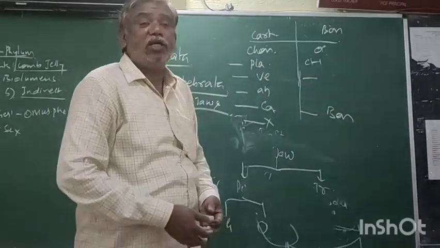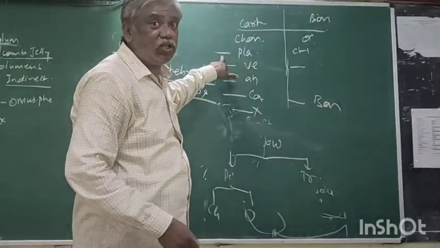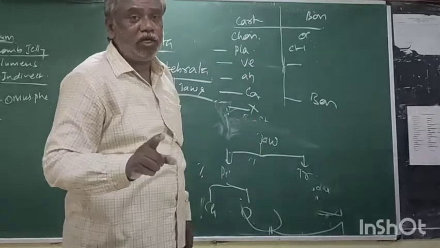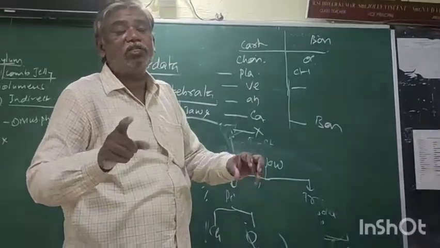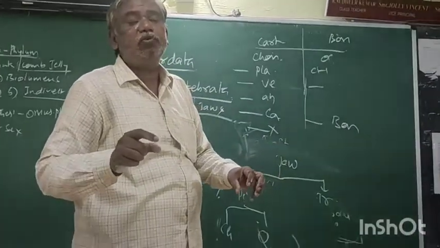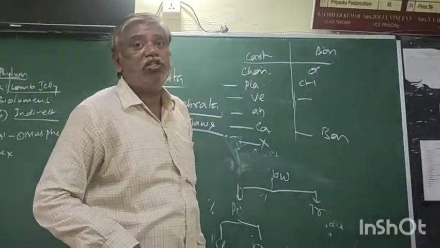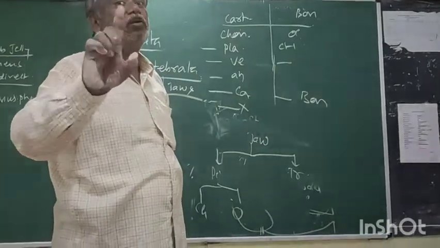That means copulation. Internal fertilization requires copulation, a sexual meeting between male and female. For this, the male contains a pair of claspers, which are modified pelvic fins, but not pectoral.